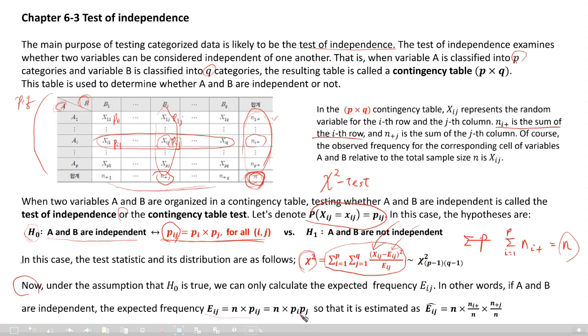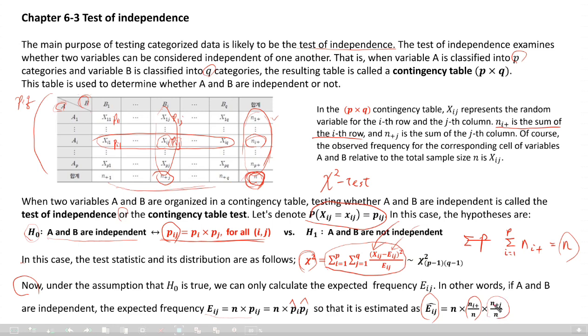And we have to estimate the expected frequency like this. The estimated expected frequency E_ij hat is n times p_i hat times p_j hat. Here p_i hat is n_i+ over n, and p_j hat is n_+j over n.